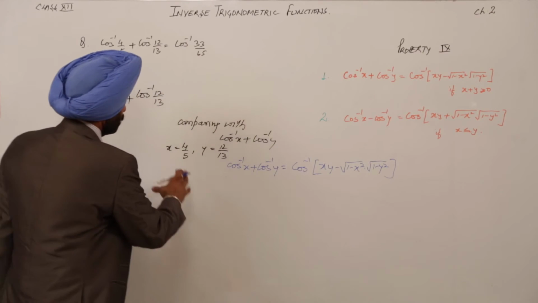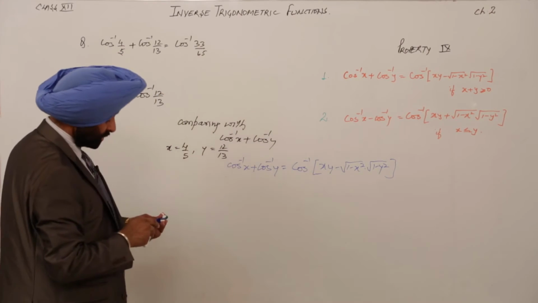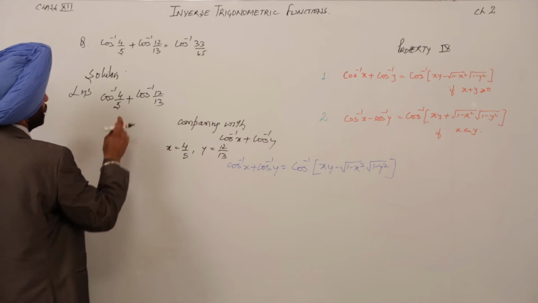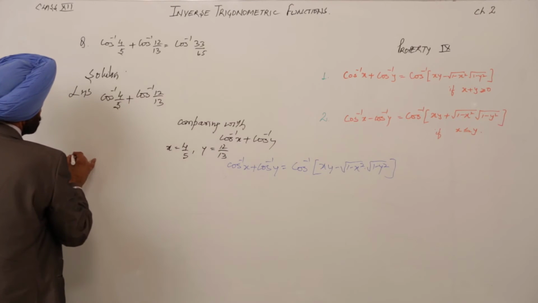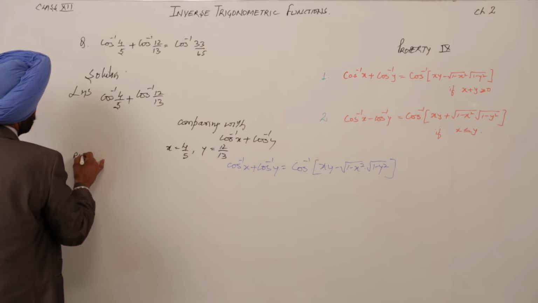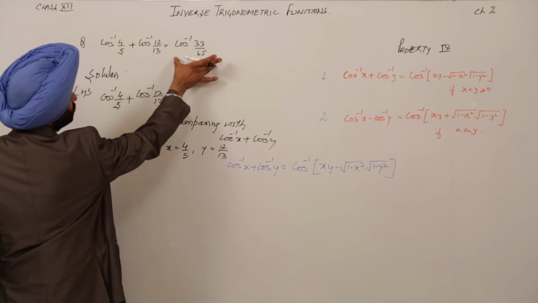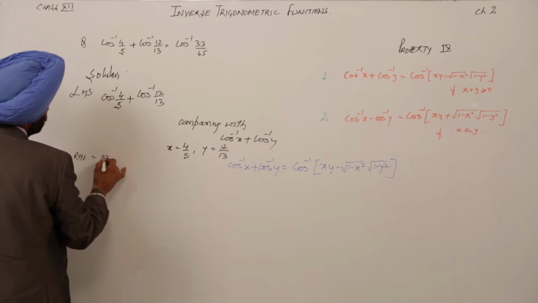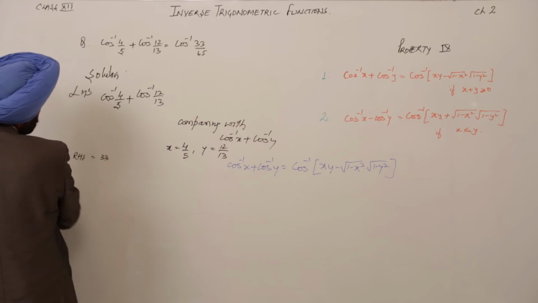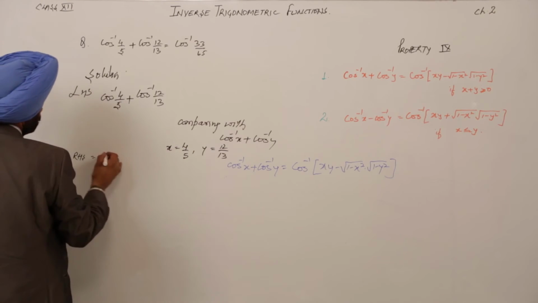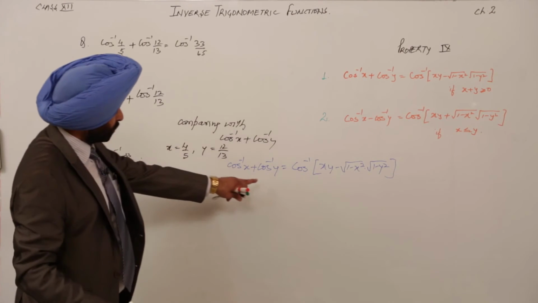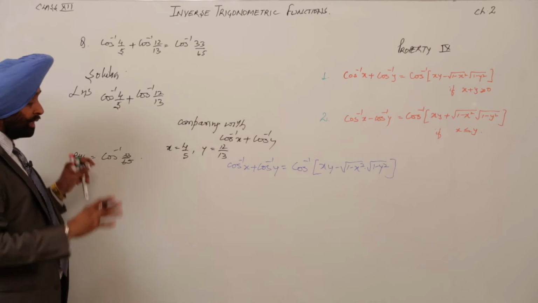So, now x and y we can easily insert for that side. Left hand side is this one, and now what is the right hand side? Right hand side in the question is cos inverse 33 by 65. Now, using this property, can we get this term? Let's check it.